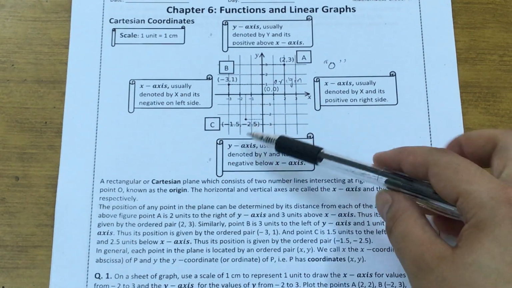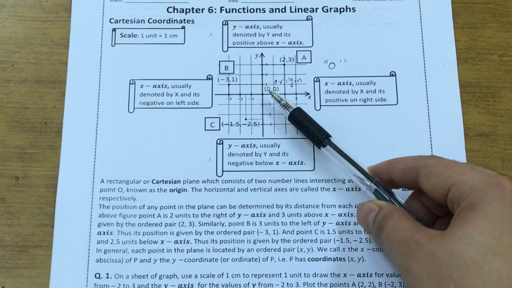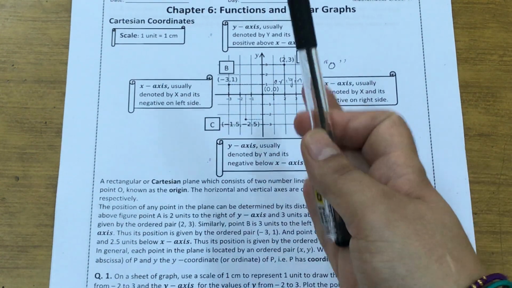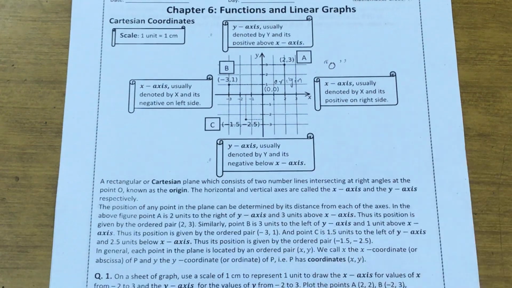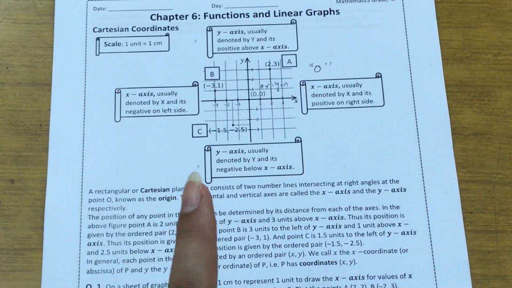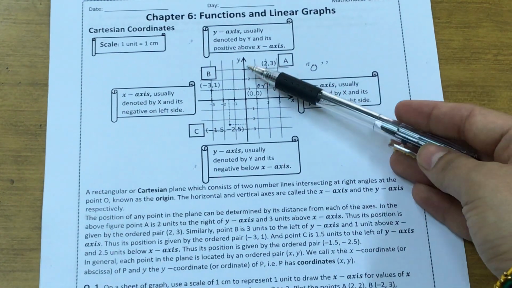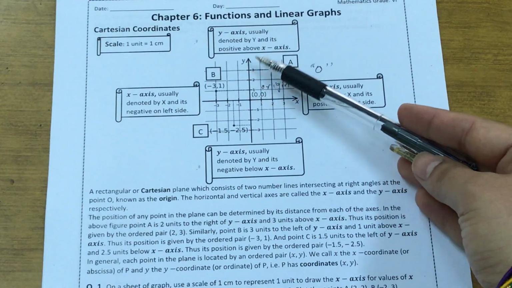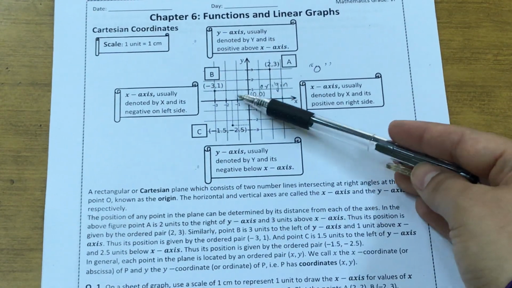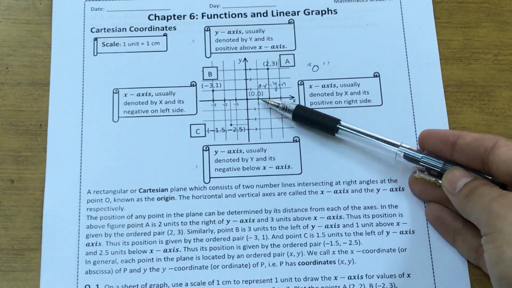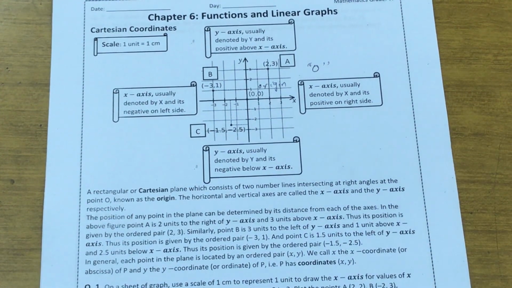The x-axis is always positive on the right hand side of the origin, and it's negative on the left hand side of the origin. And the y-axis, this vertical number line, is always positive above the x-axis and negative below the x-axis.